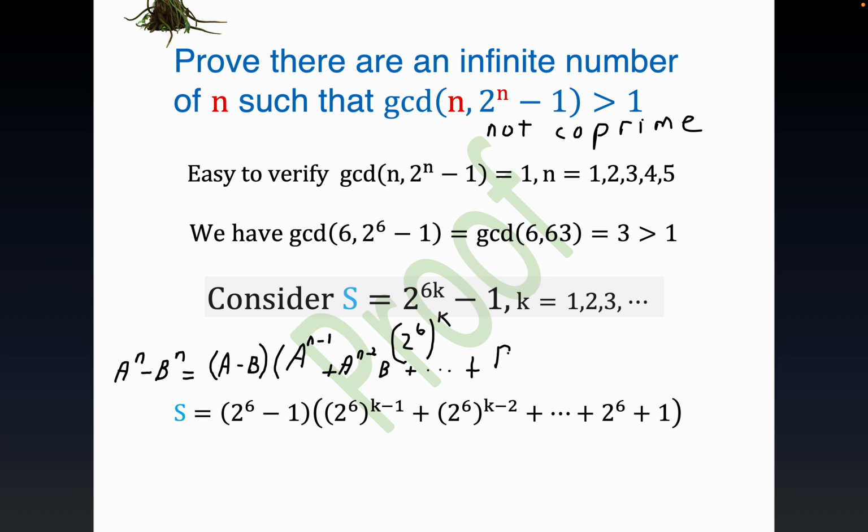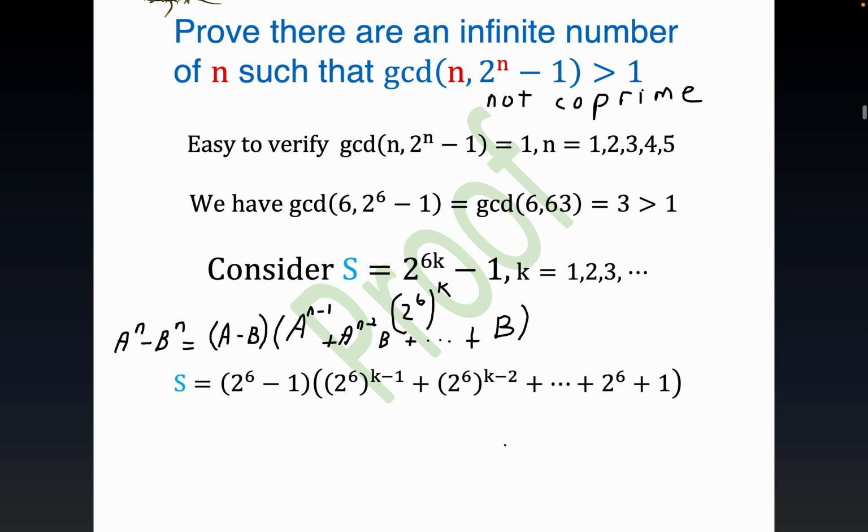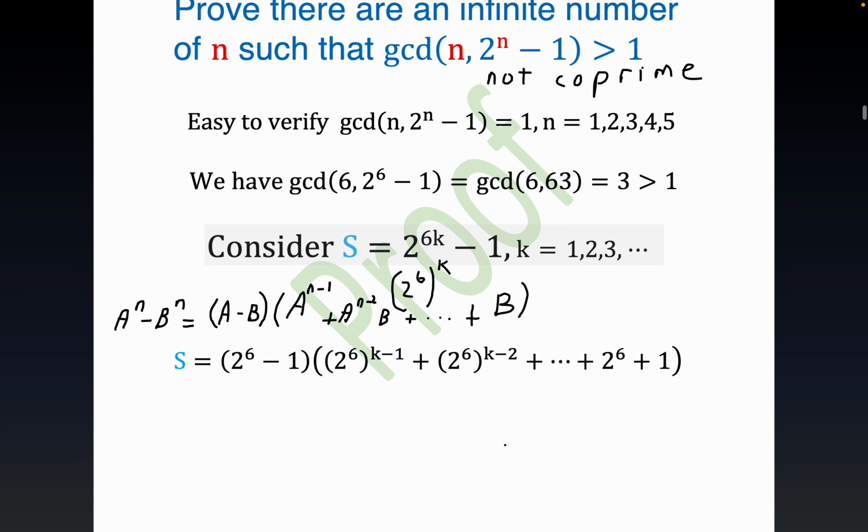So what I've written down here below is really just a special case of this where b is equal to 1. Again, a equal to 2 to the 6th and b equal to 1, and this is what you would get. Now notice this is really nice here because we have something we know.